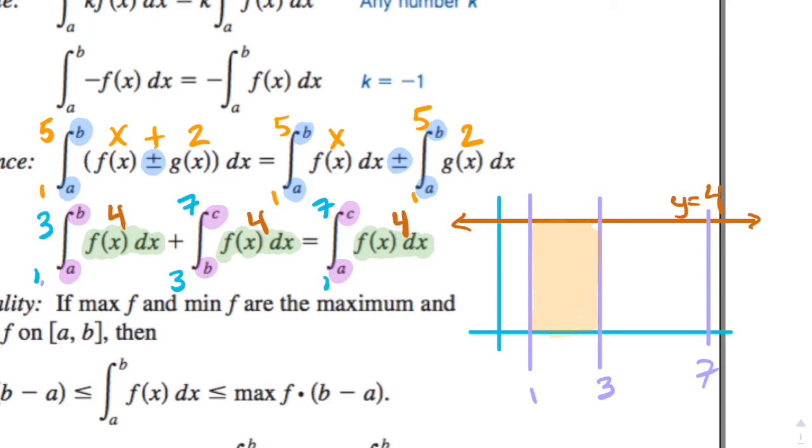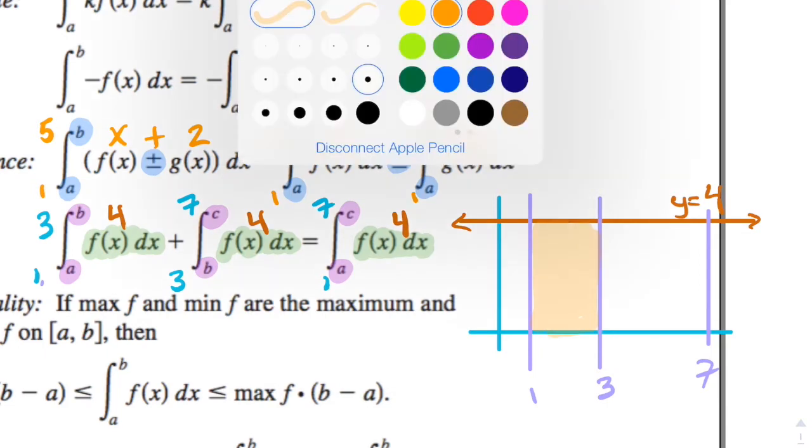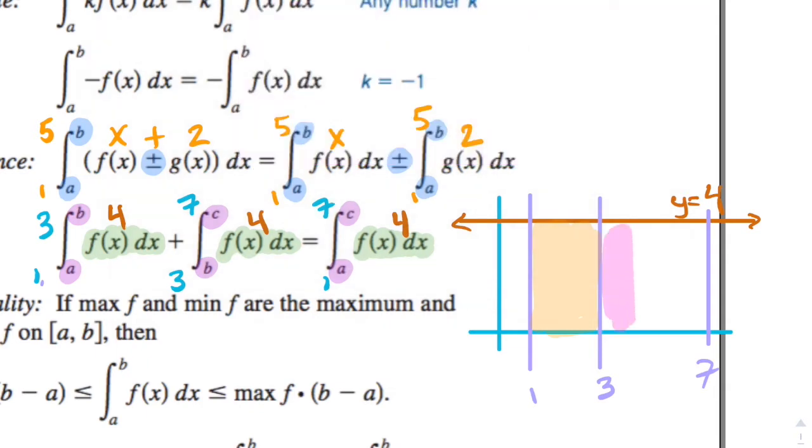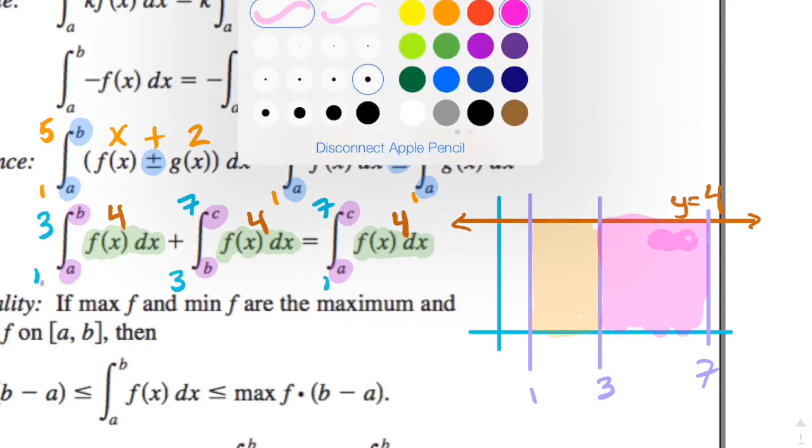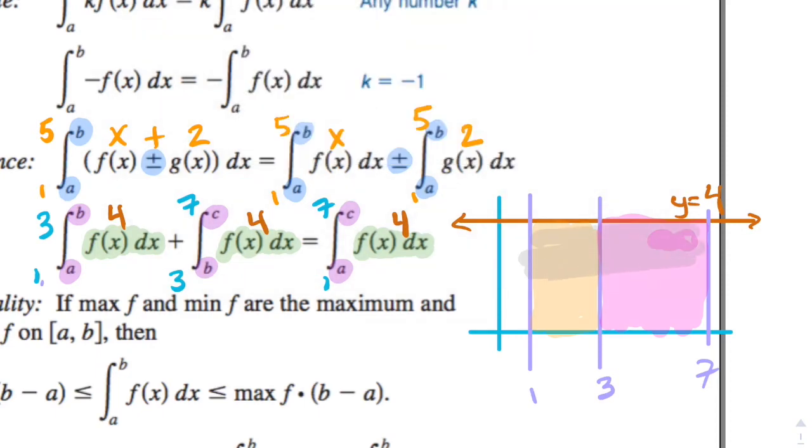And let's add to it the area from 3 to 7. As long as that function is the same, wouldn't we agree that that is actually the same as 1 to 7 collectively? Doesn't matter if it's linear, quadratic, cubic, it doesn't really matter.